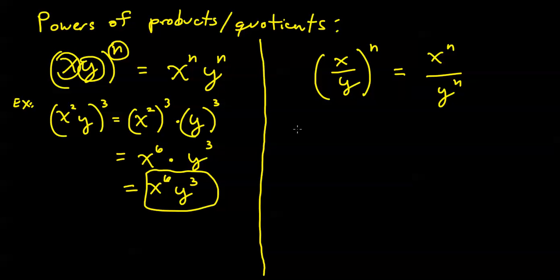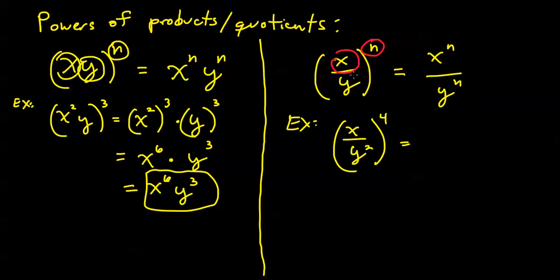Alright, somewhat similarly, invoking this same rule over a quotient, if I've got x over y squared raised to the 4th power, again the rule above says if I've got a quotient raised to a power, I can distribute that power over each factor of that quotient.